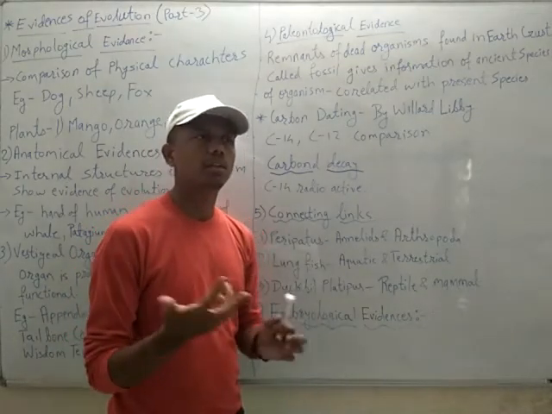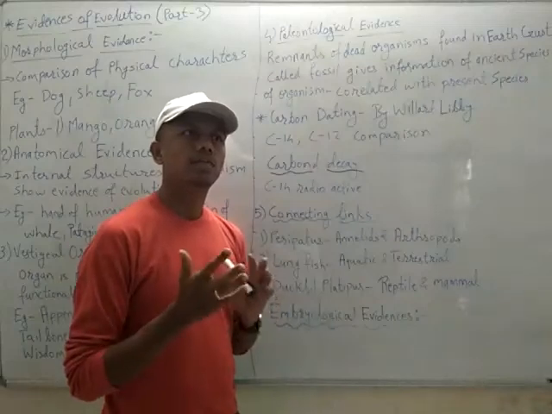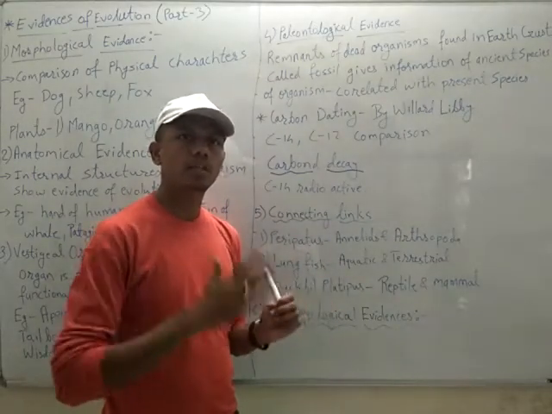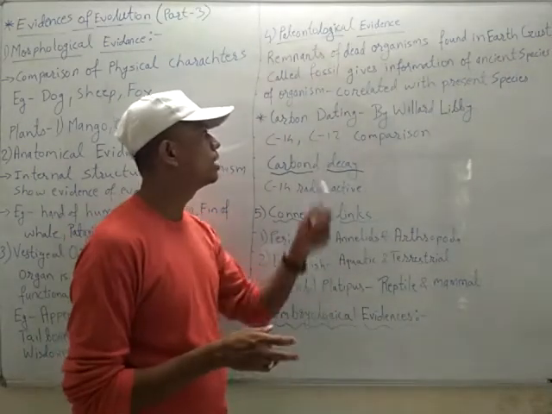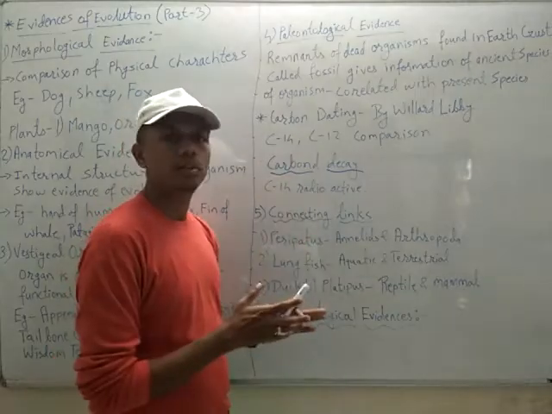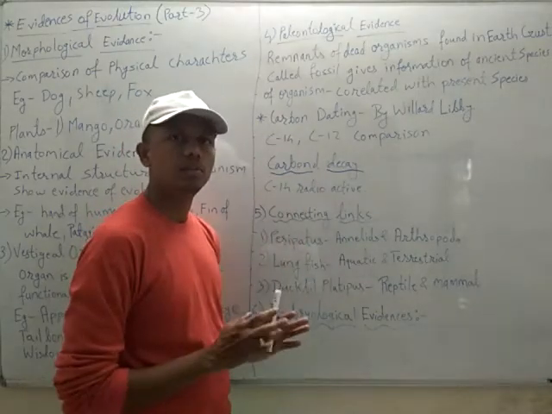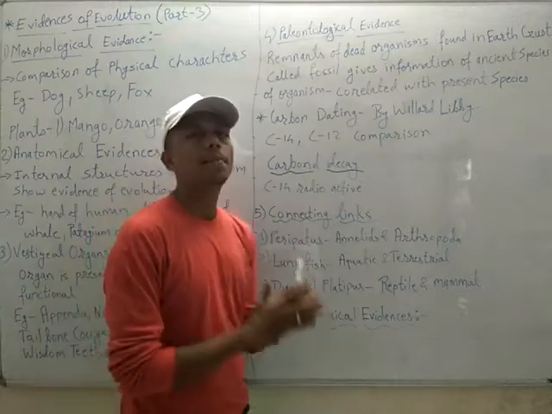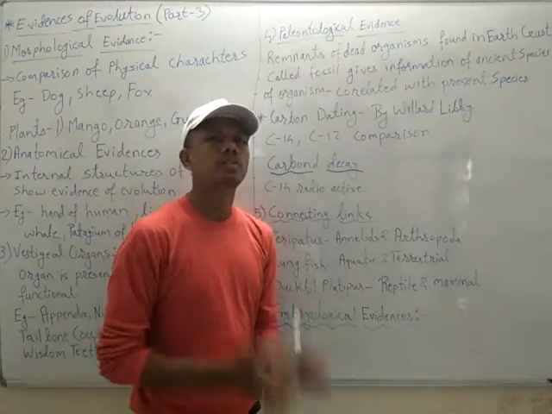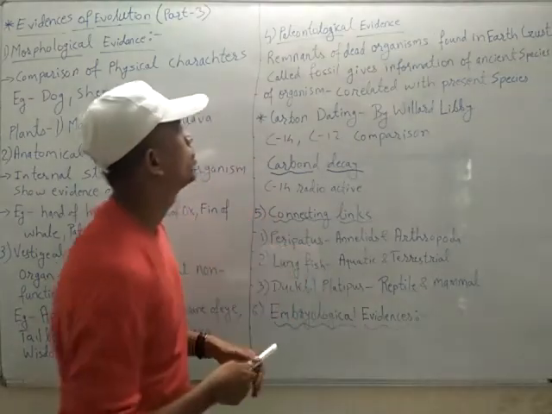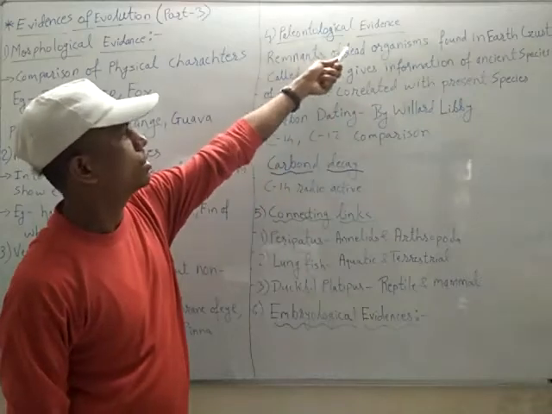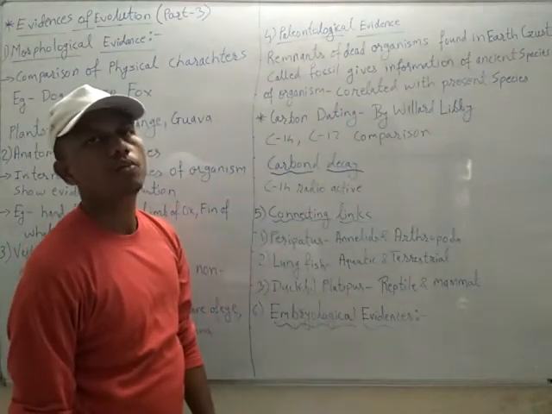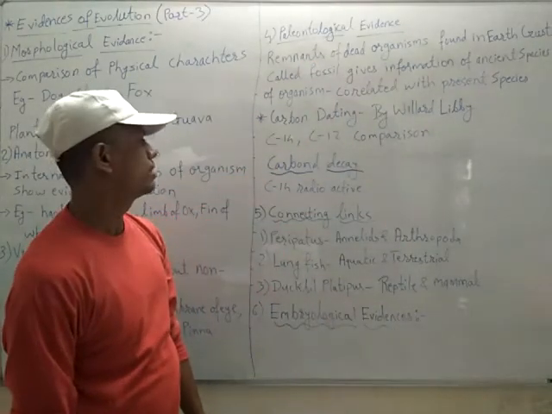Then we can identify that these organisms were in that particular area, so it may possibly be this kind of species, and we can compare that species with the present species, and we get evidence of evolution. In this way, paleontological evidences act as evolutionary evidence.